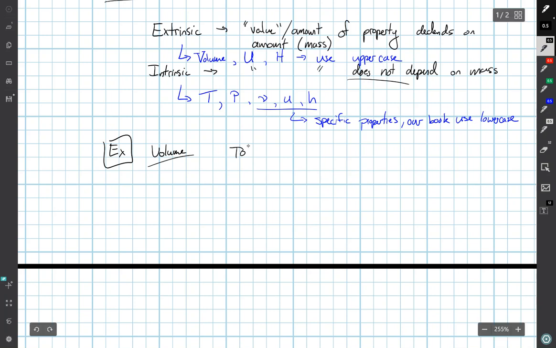So total volume would have units of, say, something like meters cubed. And it depends on quantity. So that's obviously extrinsic.